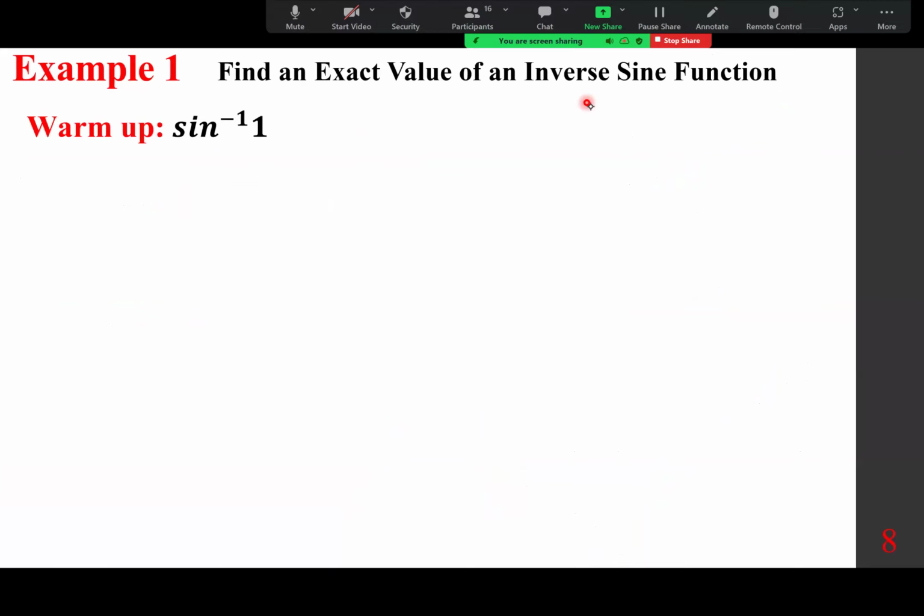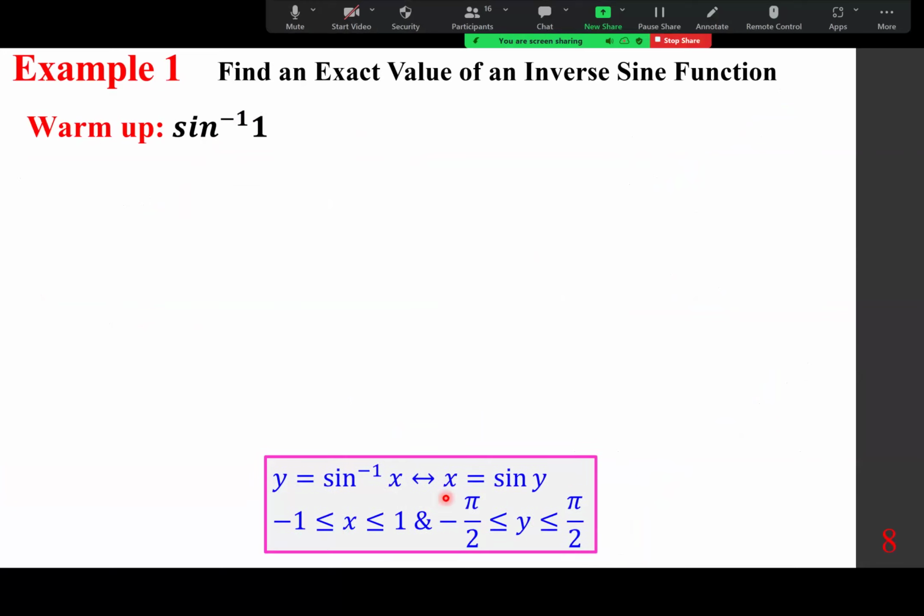Find an exact value of an inverse sine function, sine inverse of 1. Let's call it x, y, z, theta, you name it. And of course, reminding everybody of this, let's call it theta.